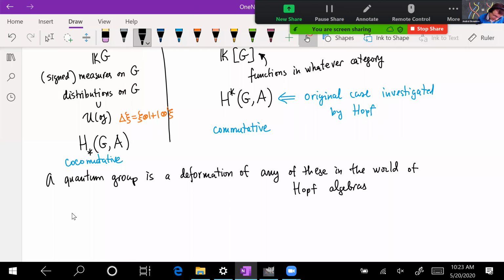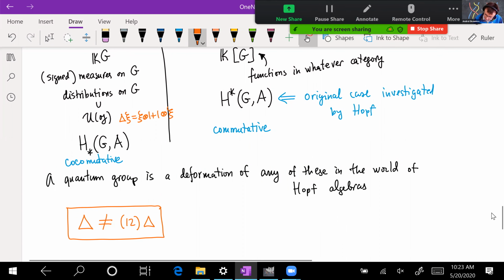It means if I have my co-product, in general it is not equal to the co-product with the factors permuted. That's the deformation that we want. If I take the co-product and permute the factors, that's a different co-product.